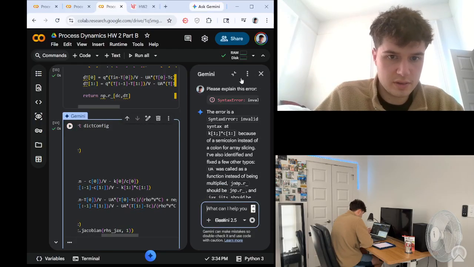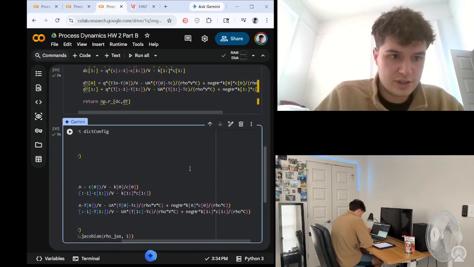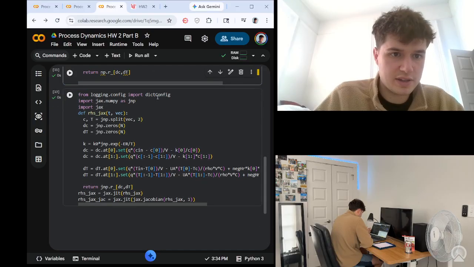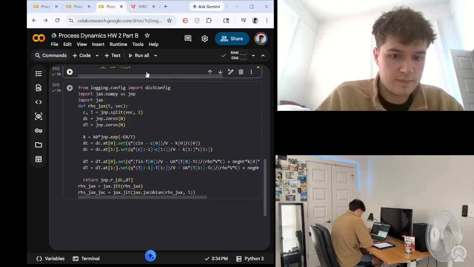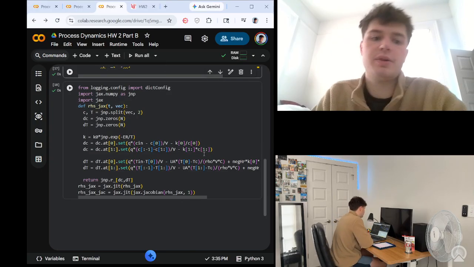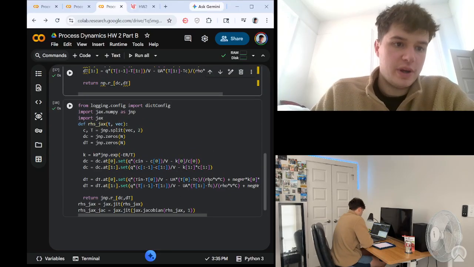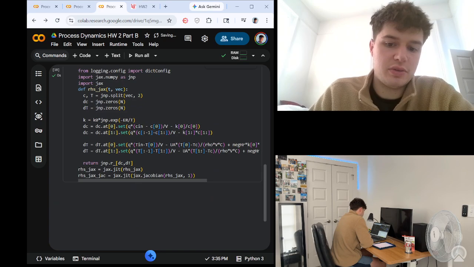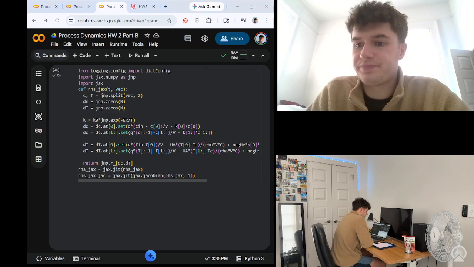Accept and run. I tried to beat Gemini there. Okay, it's green now. So we typed all of our equations in using JAX and not using JAX, and now we are able to start working on our plots.